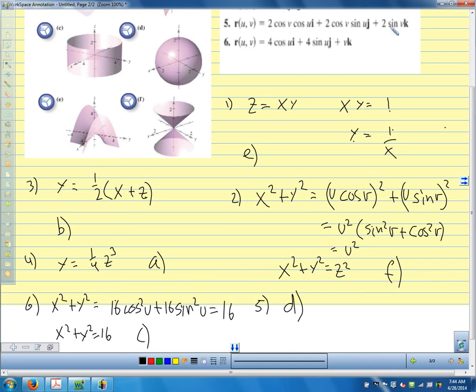And what we would do is square this term, square this term, square that term, and we see that x squared plus y squared plus z squared equals 4. Because the cosine u and the sine u, when we square those, end up being able to be factored out, and we can ignore those. And we just have the cosine v's and the sine v's involved.